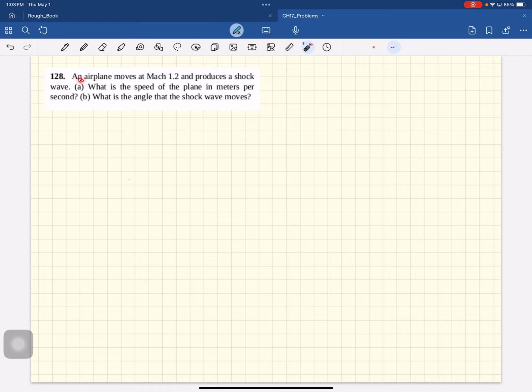All right. So let's do this one. An airplane moves at Mach 1.2. What does that mean, Mach 1? And produces a shock wave. What is the speed of the plane in meters per second? So Mach number, the speed of the source divided by the speed of sound.